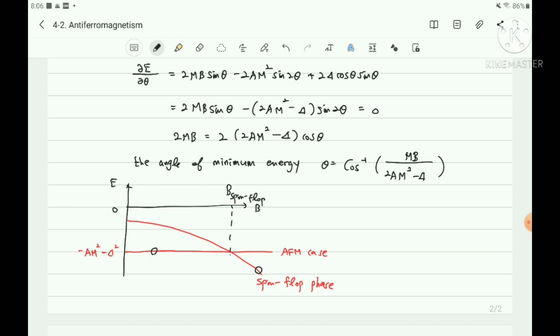And if the anisotropic energy is large, for large delta, the spin flop transition occurs at a critical magnetic field. There is a little bit of difference between spin flop and spin flip.